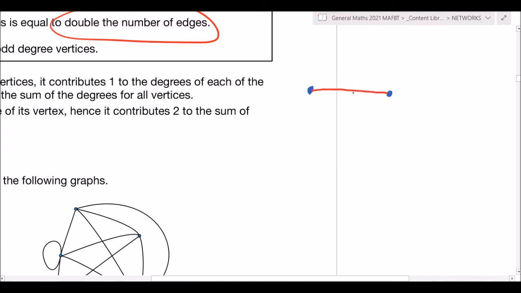This counts for a degree of 2, because if that's A and that's B, the degree of A equals 1, and the degree of B equals 1 as well. The total degree for this graph is 2.